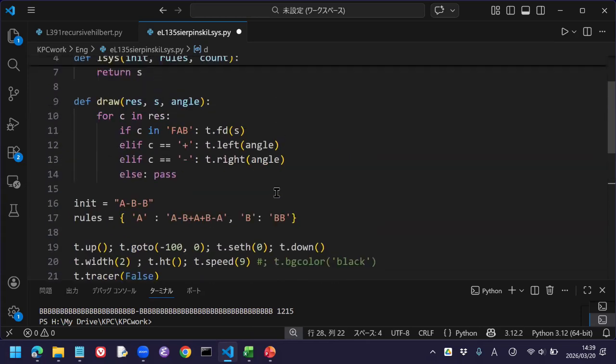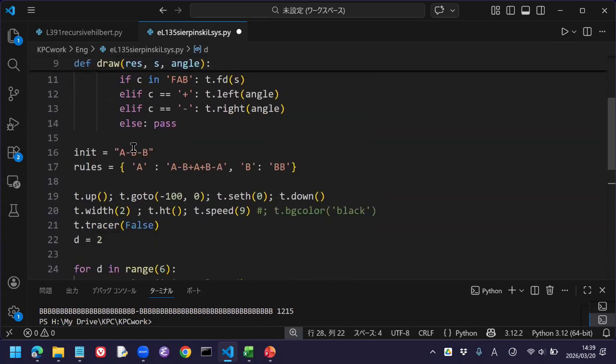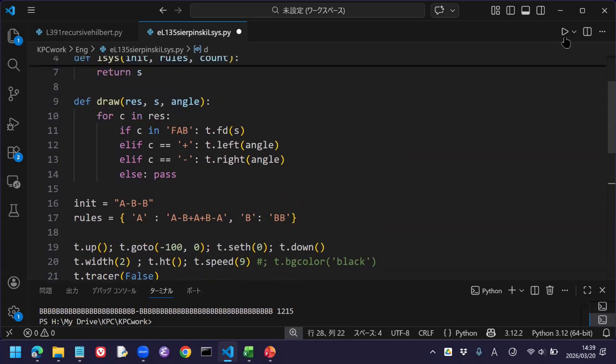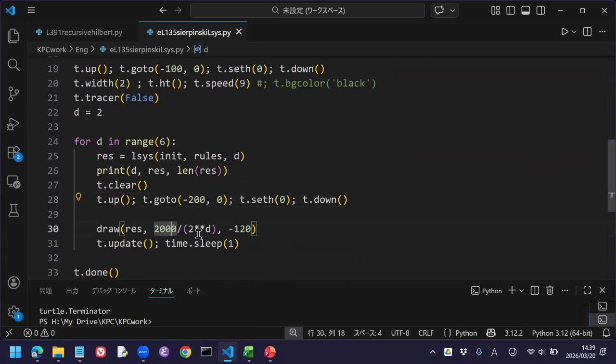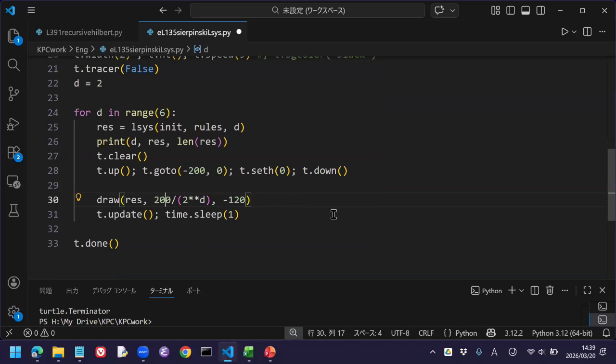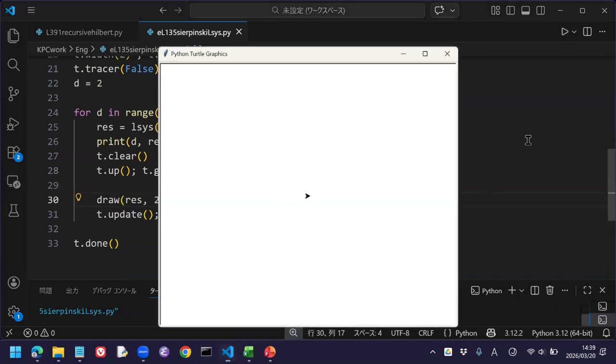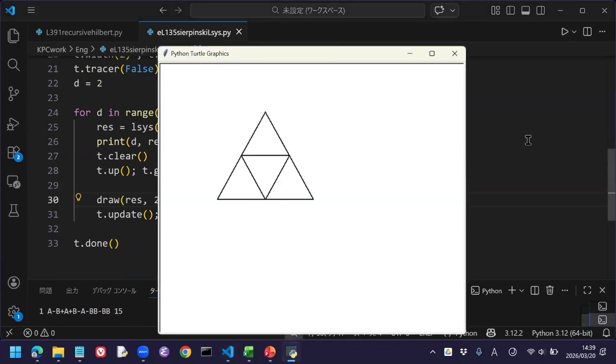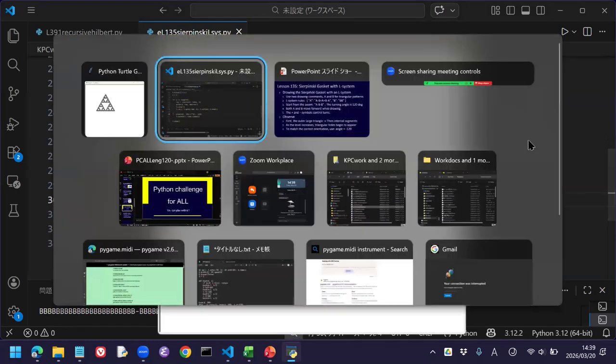So very simple, right? Only one init, two rules, and the same draw. Change 200. Yes, this is what we want.